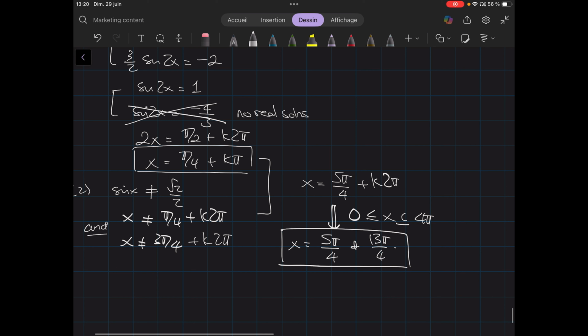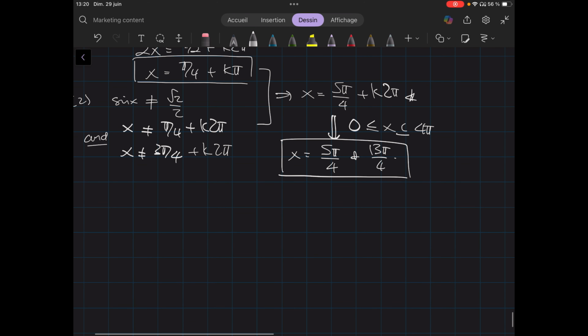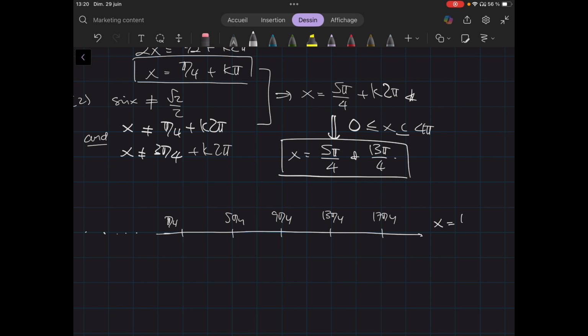Now, if you're wondering how I managed to get to this line, we can just quickly sketch a number line. Let's say with pi/4, we have 5 pi/4, 9 pi/4, 13 pi/4, 17 pi/4, and so on. And the same thing occurs in the negative direction. This is x equals pi/4 plus k pi.